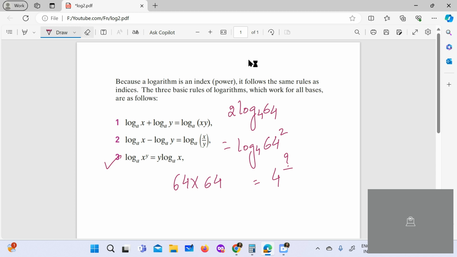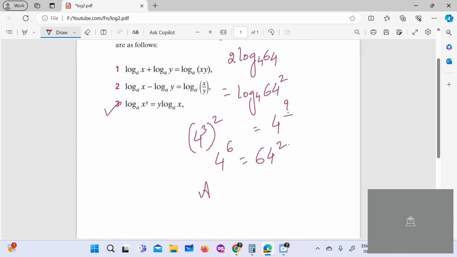I will write 64 in the form of 4: 4 to the power of 3 will give you 64, correct? So I have written 64 as base 4, and then this is squared. So you get 4 to the power of 6, which is 64 squared. So your answer will be 6 here. Is this clear to you? Understood?